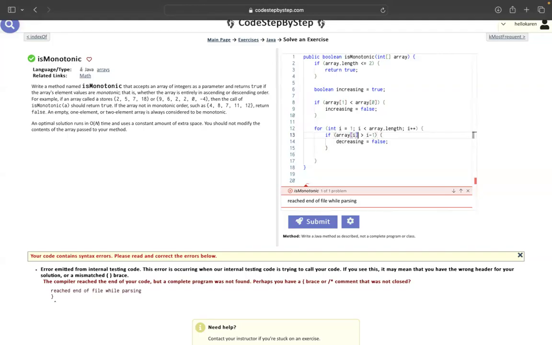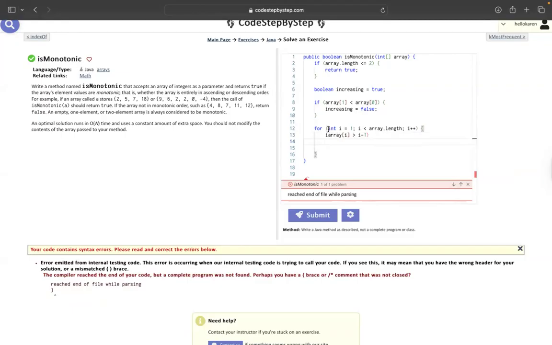Exactly, right? So before I even make any if statements, what I would do is just make two int variables to keep track of those, right? So I would call array at I something like current or now, and then maybe array at I minus one, I would call previous or whatever. You get what I mean?